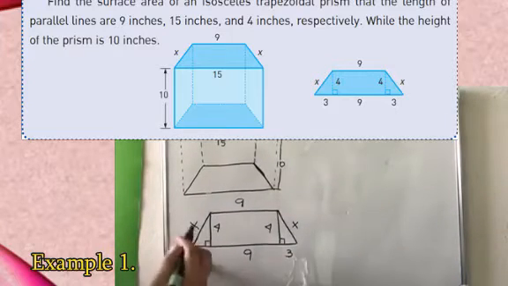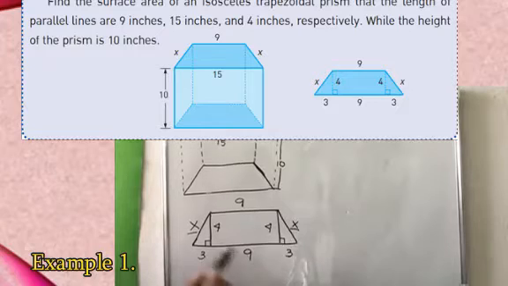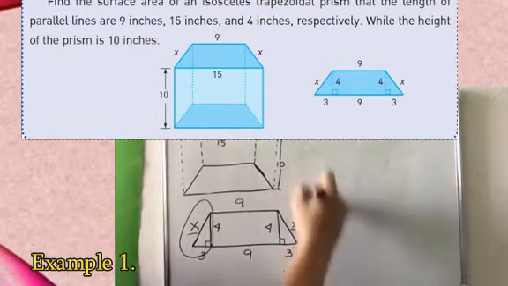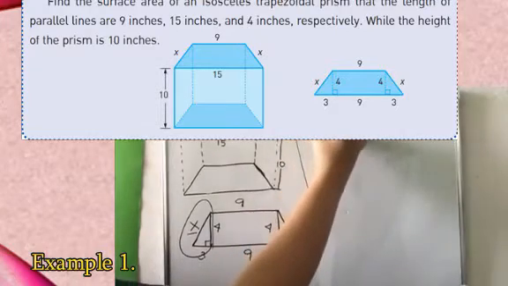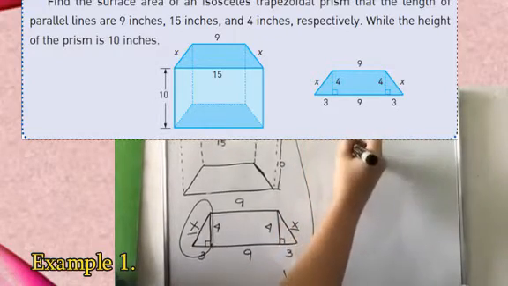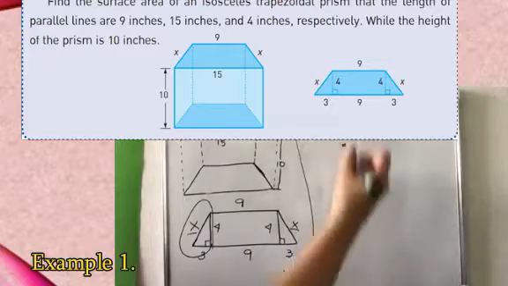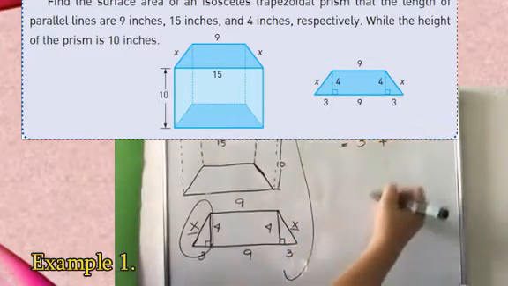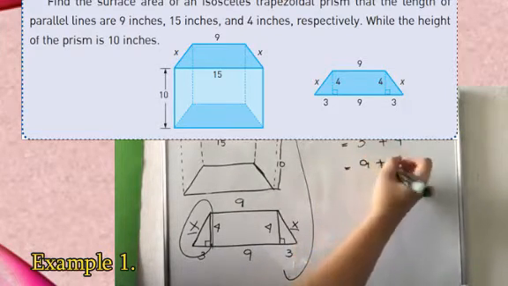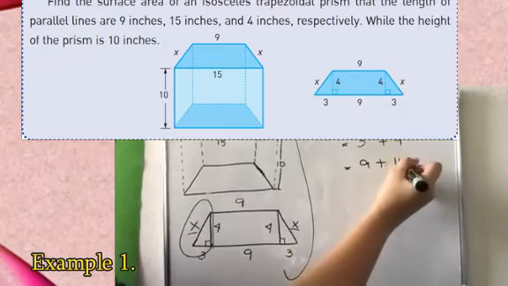So let's solve for the x value. Take note that this one here is a right triangle, so we can use the Pythagorean theorem to look for the hypotenuse. x squared is equal to a squared plus b squared. So 3 squared is 9, plus 4 squared is 16.